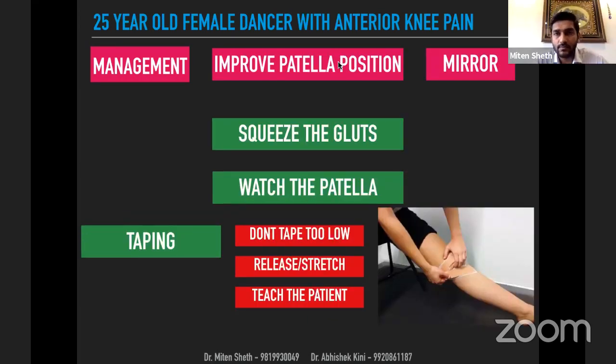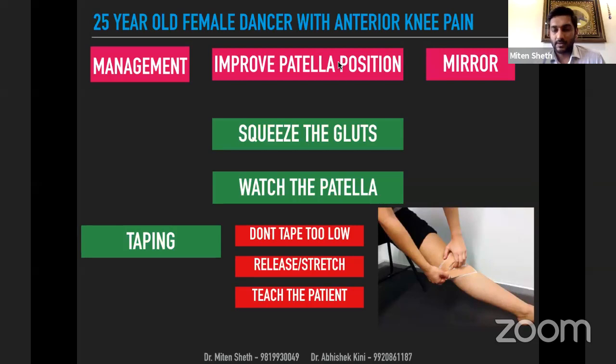So how do you improve the patella position? The idea of treatment is that most of the management must have a mirror in place, because the end point of everything you're trying to do is to improve how the patient walks, stands, and gets up from a sitting position on a daily basis. And this can only be done with feedback.